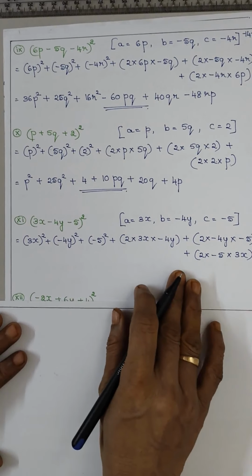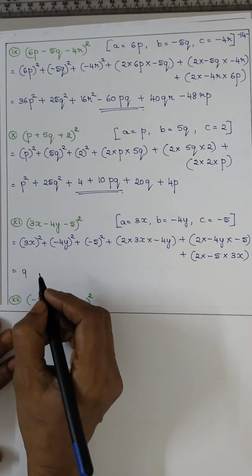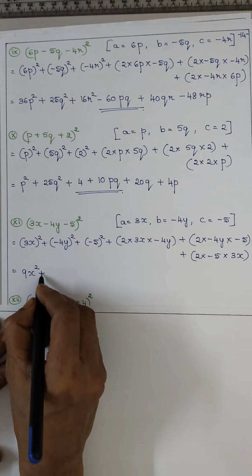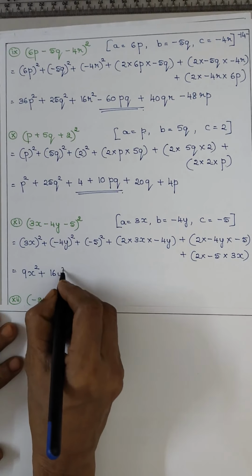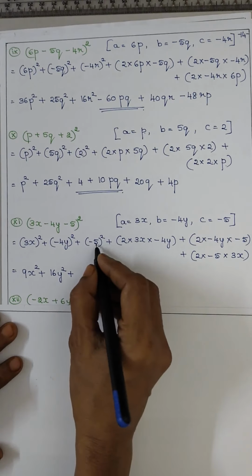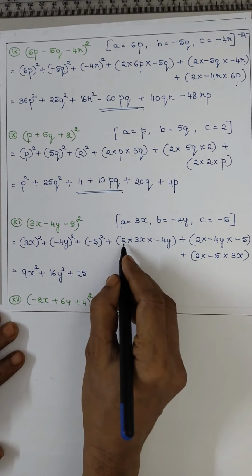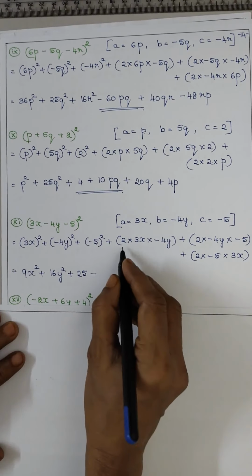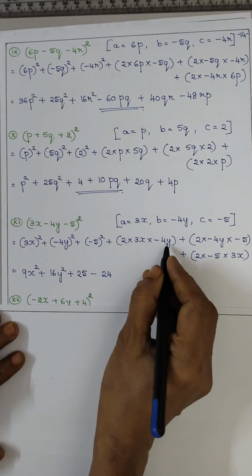Okay. Now find the values. 3 square is 9, x square, square of negative, positive, 4 square is 16, y square, square of negative, positive, 5 square is 25. Now within the bracket 1 negative, so minus, 2 3s are 6, 6 4s are 24, xy.